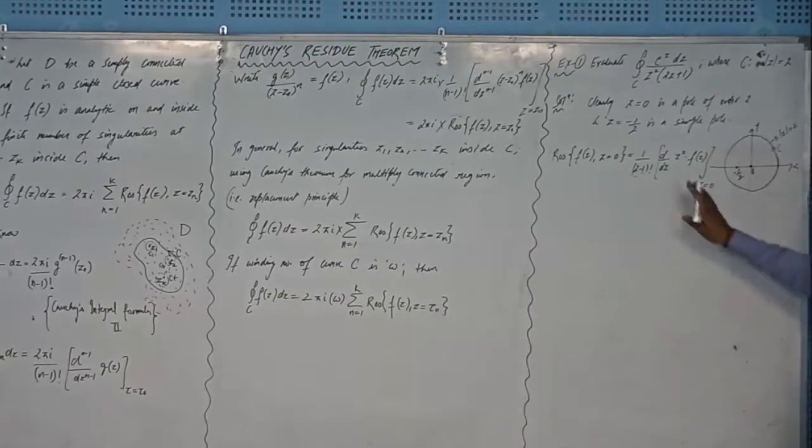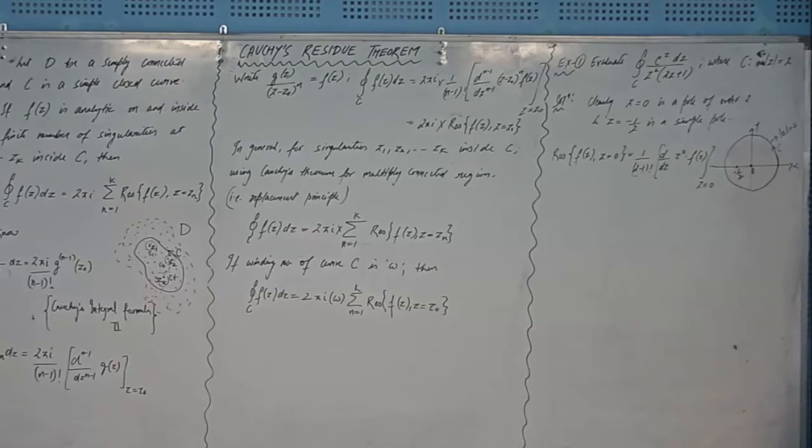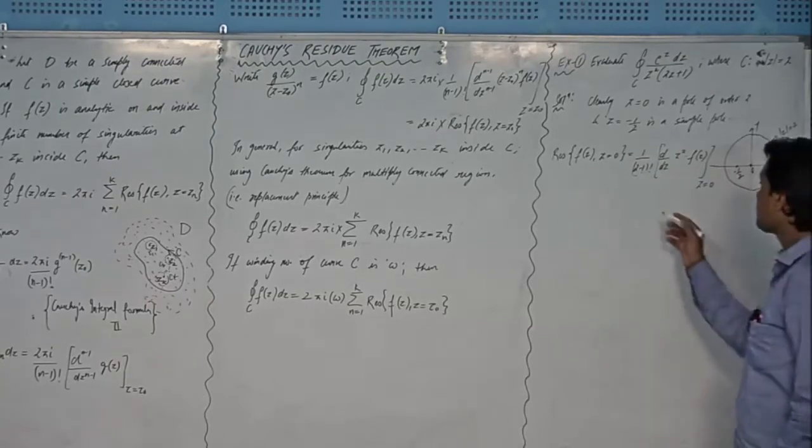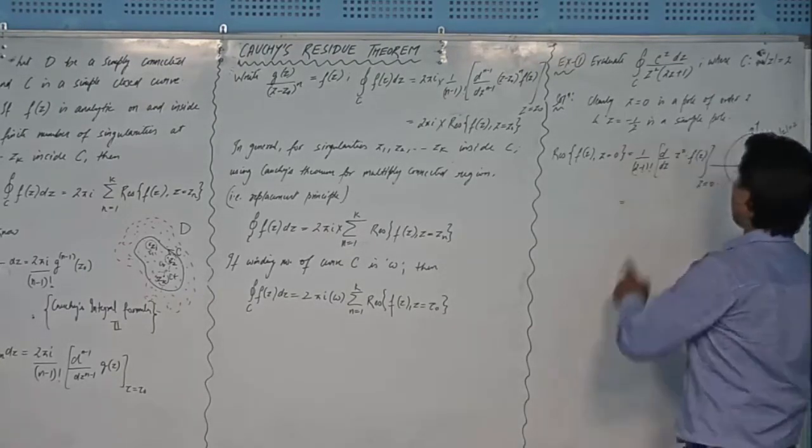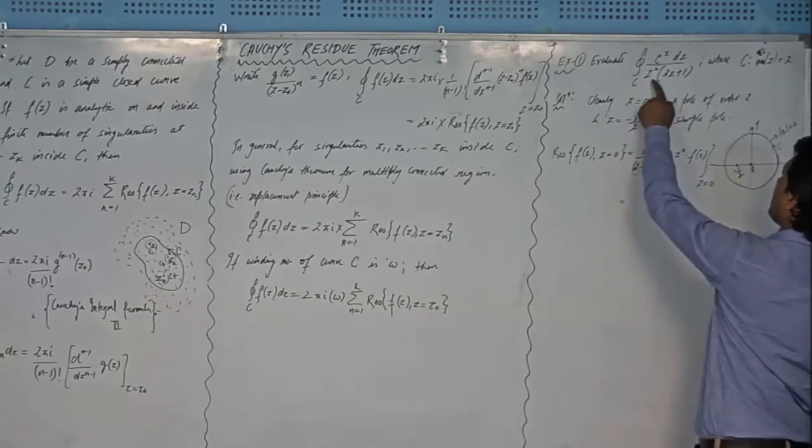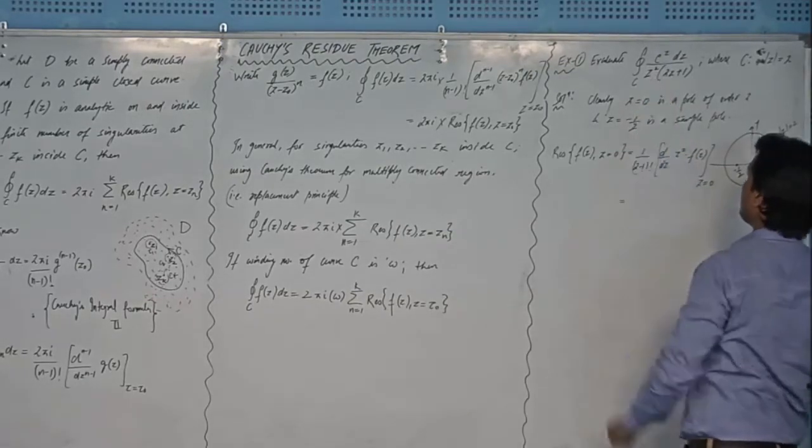We have used this formula that we derived in our last video. It will become 1, and z square multiplied by f(z) will cancel this z square.